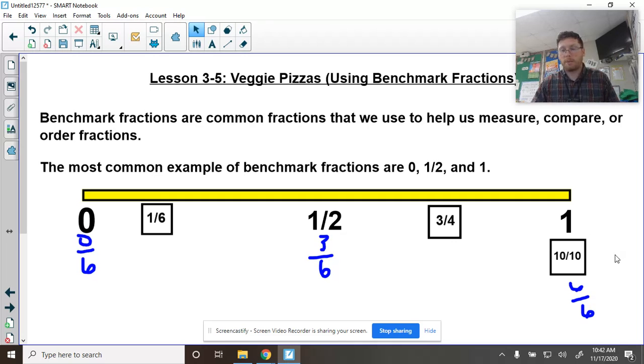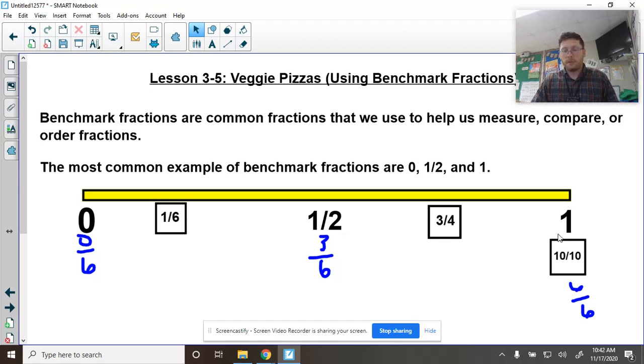Now, as you are comparing and ordering these, you don't have to worry so much with the exact placement of where it's going to go, as long as you get it in between these 2 benchmark fractions right here. But you can see that there's nothing else in between these, so I could put it wherever I wanted to over here. I know that it goes about right here, so that's where I'm going to put it, okay?